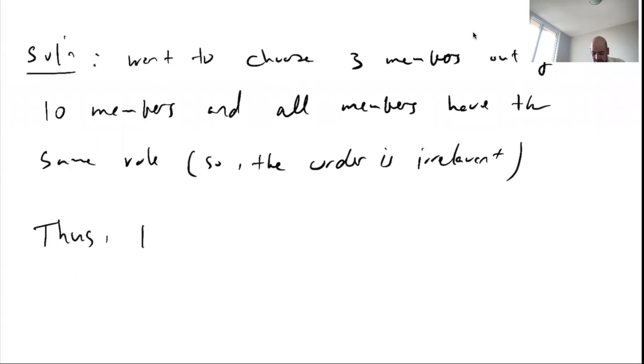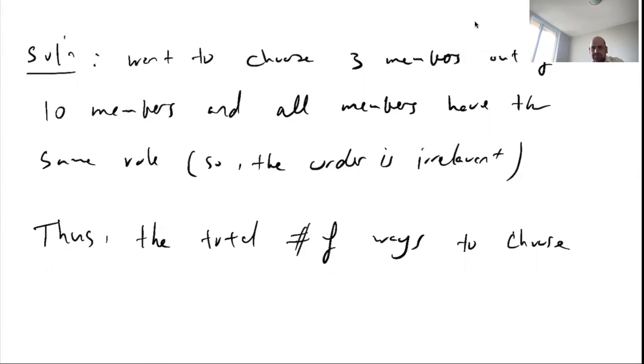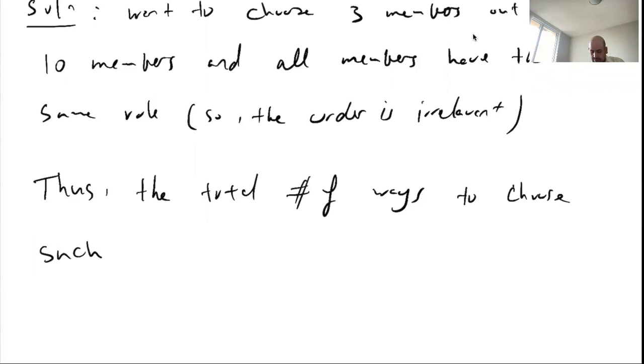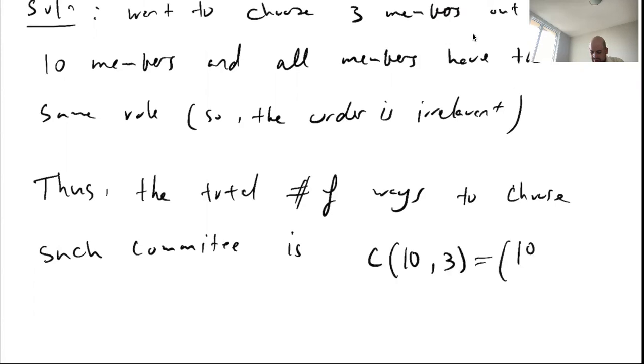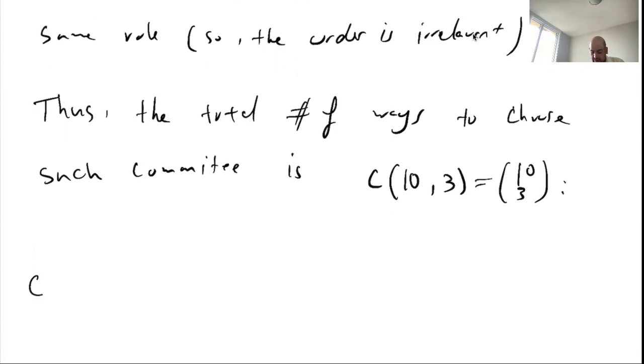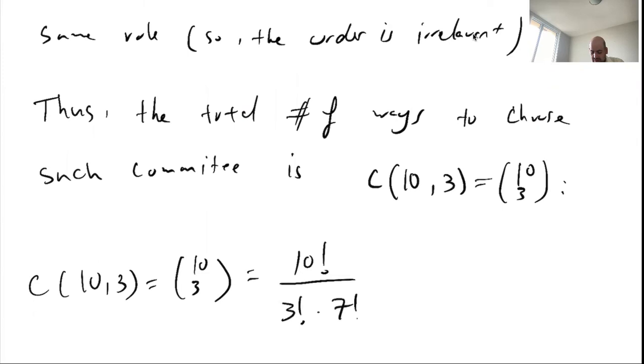Thus, the total number of ways to choose such a committee is C(10,3), which is 10 choose 3. And so C(10,3) equals 10 factorial over 3 factorial times 7 factorial.